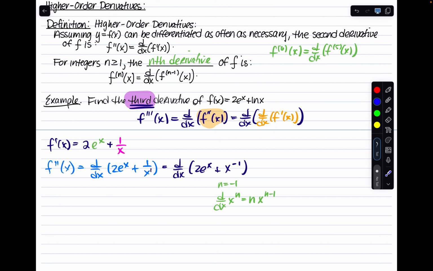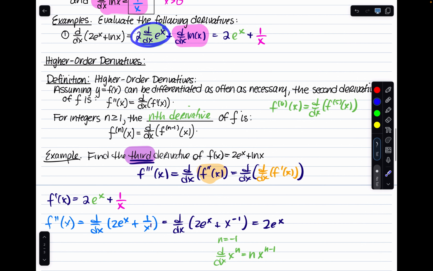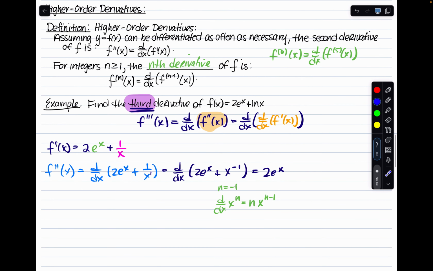So in this case, our first function, 2e to the x, its derivative is 2e to the x, right? And you can write it out just like we did before, if that makes you feel more confident. And I encourage you to as you learn these. In this case now, I'm going to be adding, and then I need to carefully follow my rule. n is negative 1.